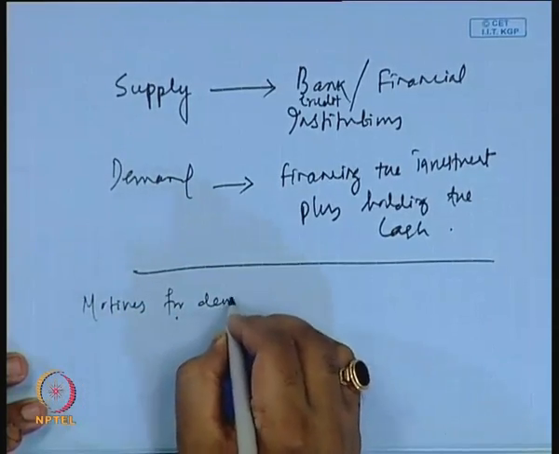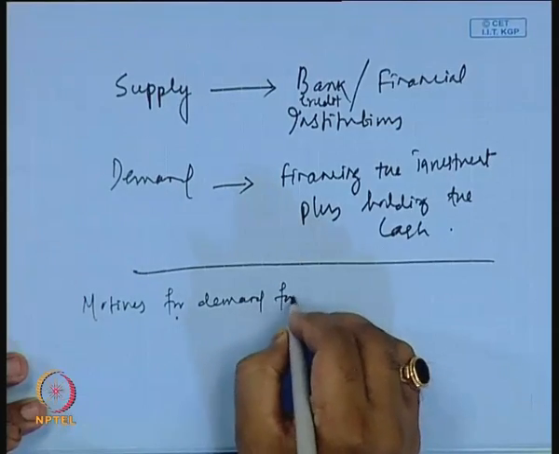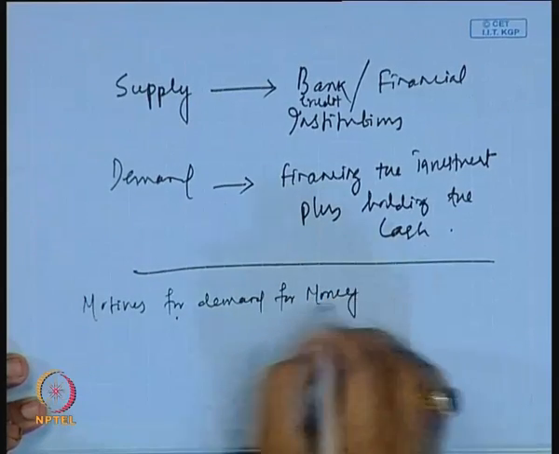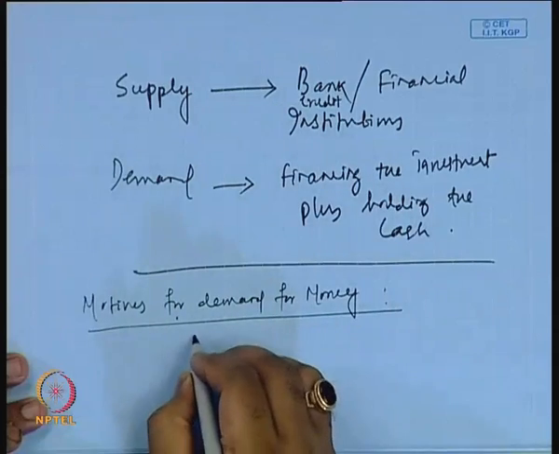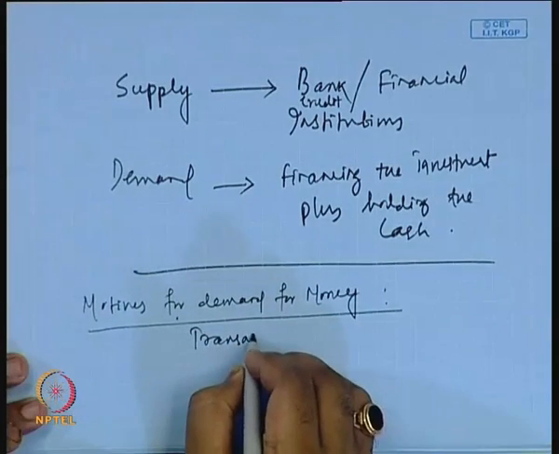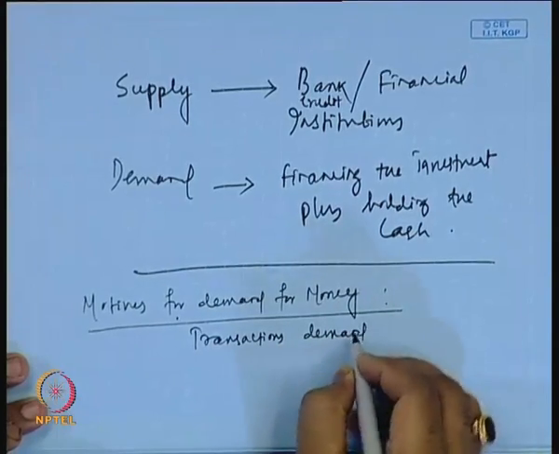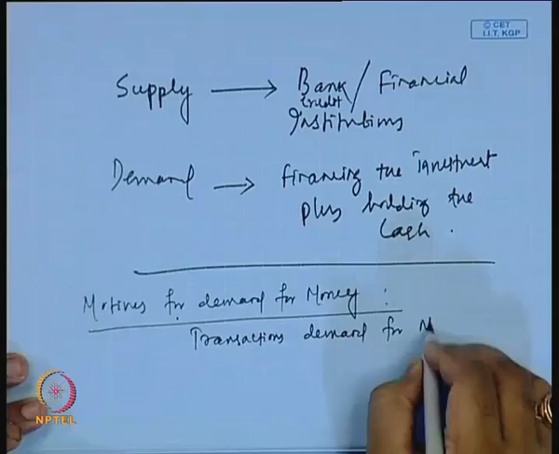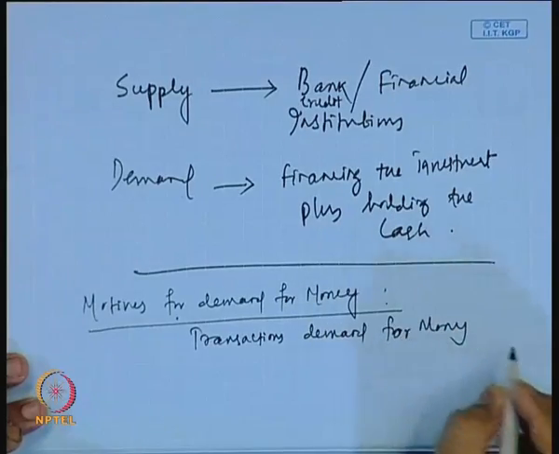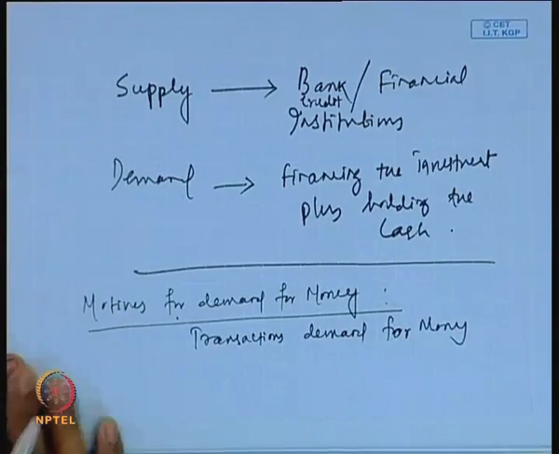Motives for demand for money. Before Keynes, people were giving much importance to the transactions demand for money. Money is demanded for transaction motives, for day to day expenses or for investment, whatever it may be.